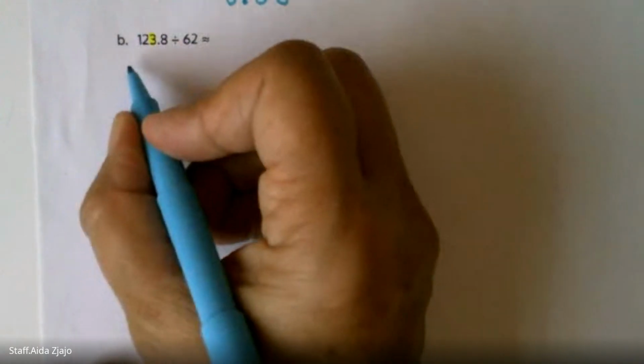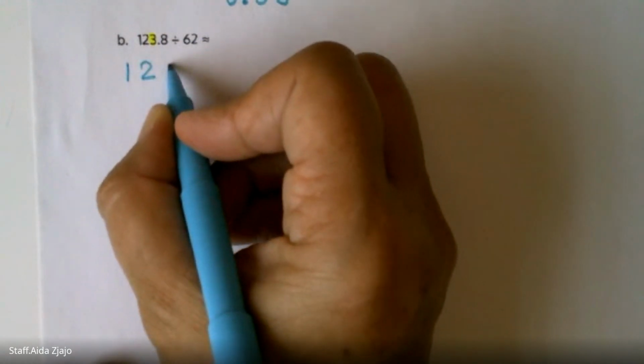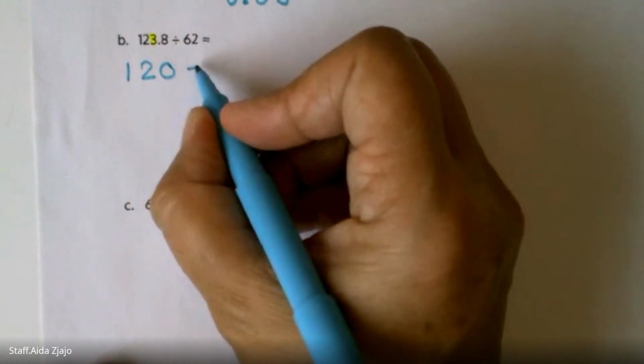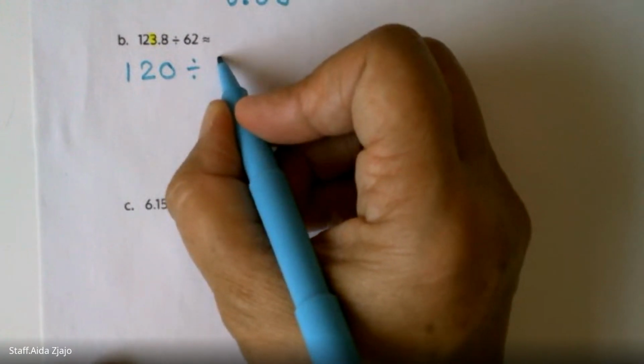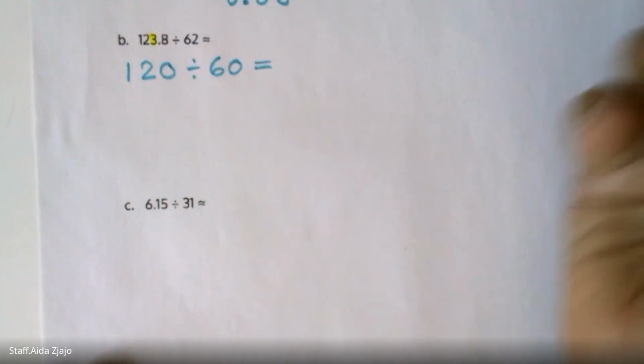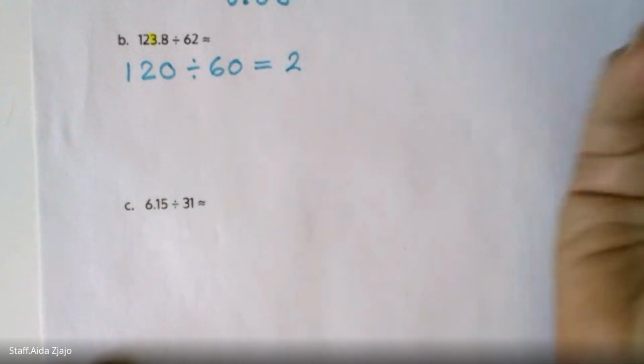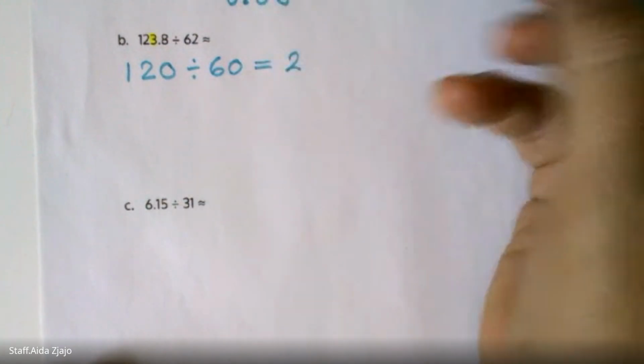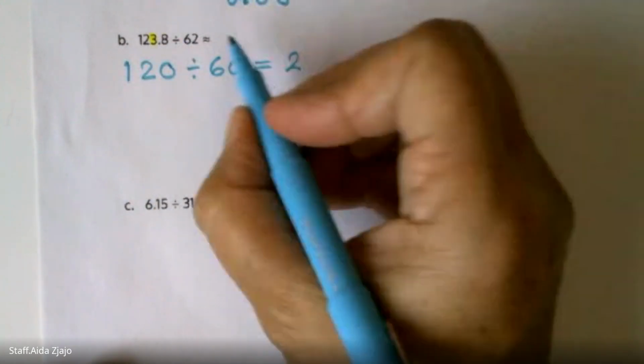So I'm going to think this to be 120 divided by 62. I will round to 60. So now how many 60s are in 120? There are two. And so the answer has to be about two.